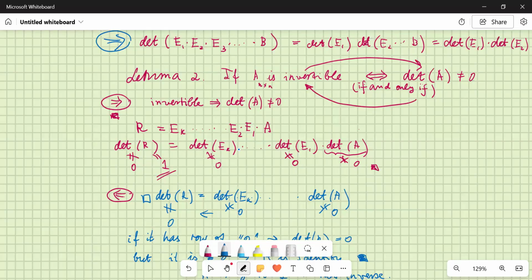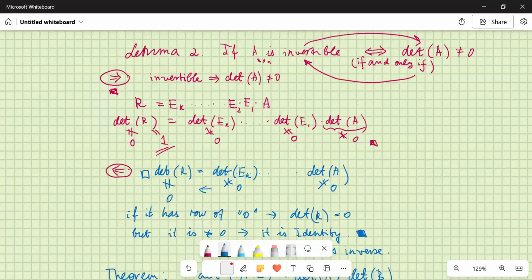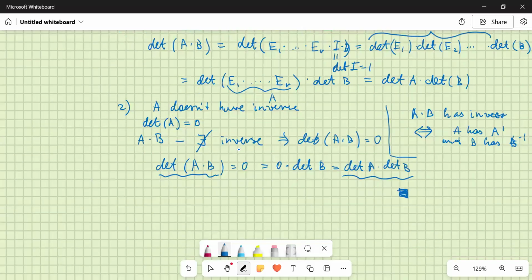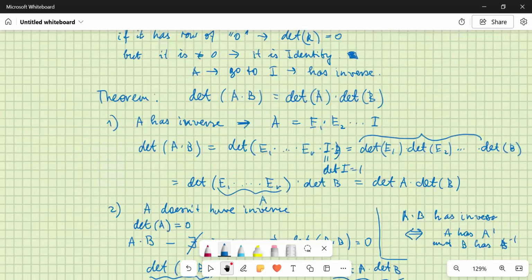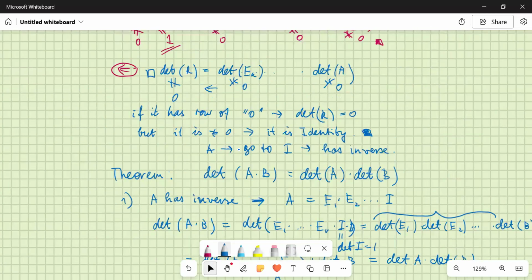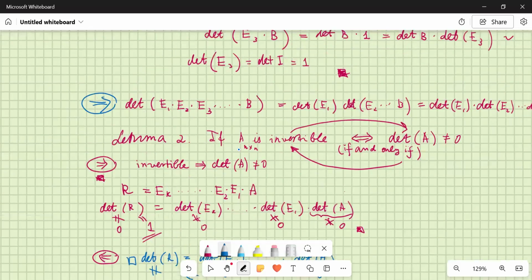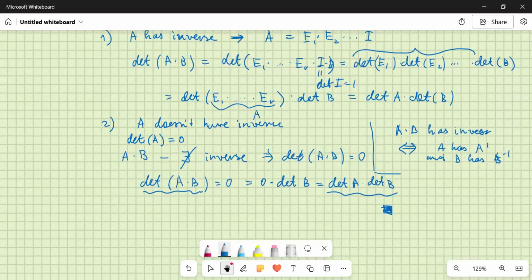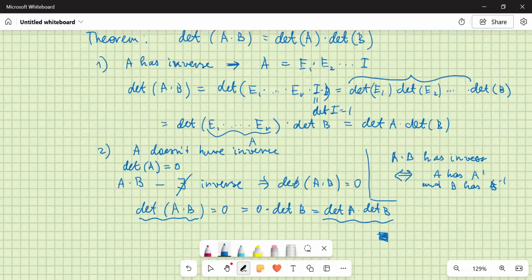I did not specify that, but that's the part we used in the second part when we were saying the determinant equals 0. Why? Because it does not have an inverse. Because if it has an inverse, then by lemma 2 the determinant is not equal to 0. But we already know that it does not have an inverse, so the determinant is going to be equal to 0.